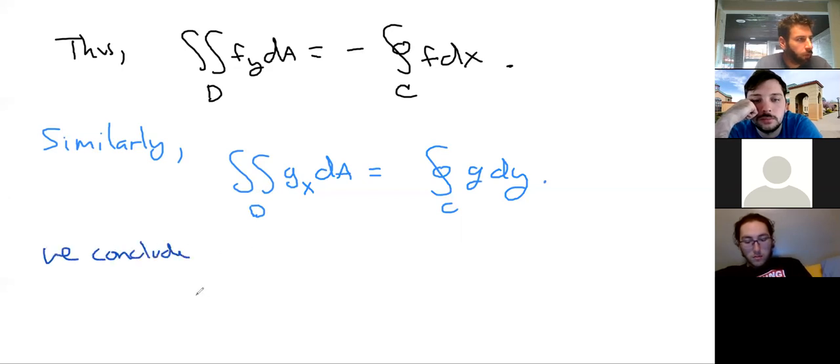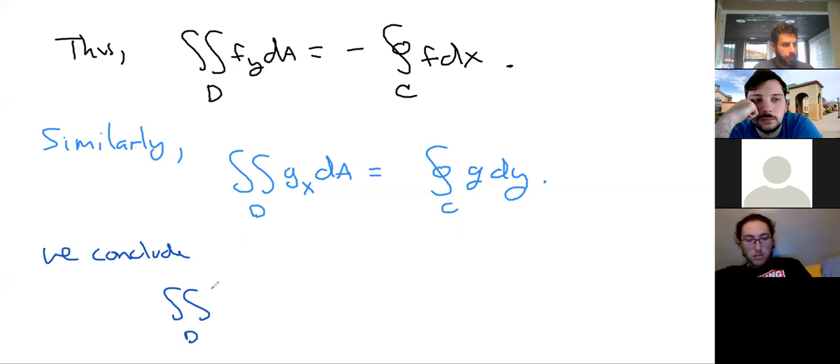We can conclude the following. If you add up the pieces, take the minus sign to the other side or however you want to do it. Doesn't matter how you do it.